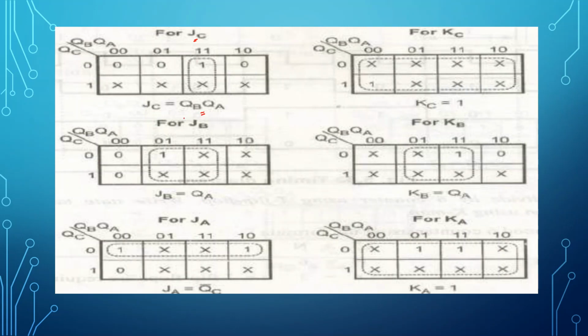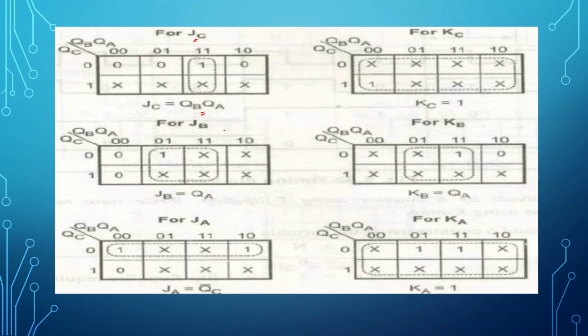Whenever there are don't care conditions, try to form the octets as far as possible when you are going with the design part, because my variables will get reduced drastically when I have the octets. So the K-maps are formed and I got the formula for everything here.